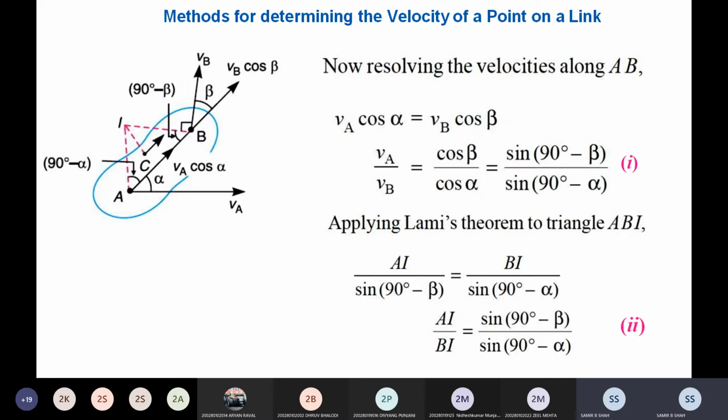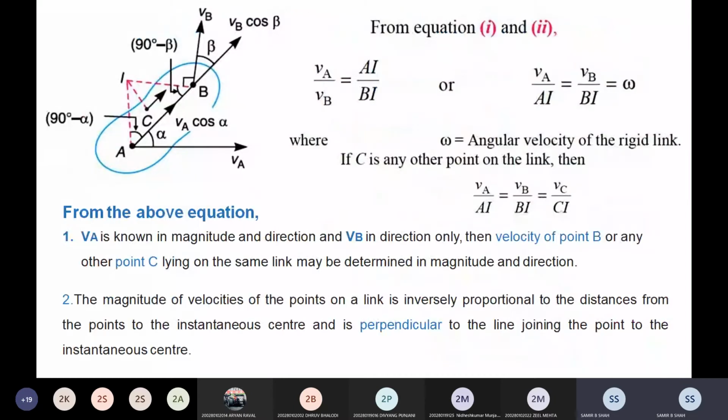If we follow Lami's theorem, as we know from the second semester mechanics of solids, we apply that rule here. So AI upon sin(90 minus beta) is equal to BI divided by sin(90 minus alpha). So AI upon BI will definitely be sin(90 minus beta) upon sin(90 minus alpha).